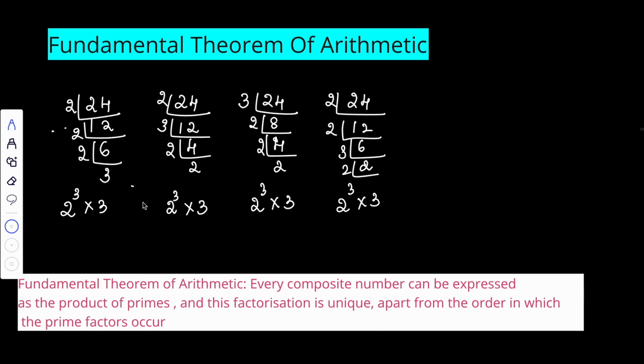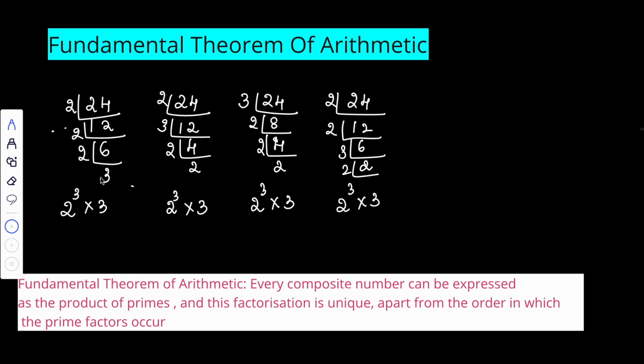Now here what we can understand, this composite number 24 can be expressed as a product of primes. When we express like this, every time we got 2 cubed times 3, and whatever factorization we get, it is unique. Apart from the order in which it exists, order can be different.